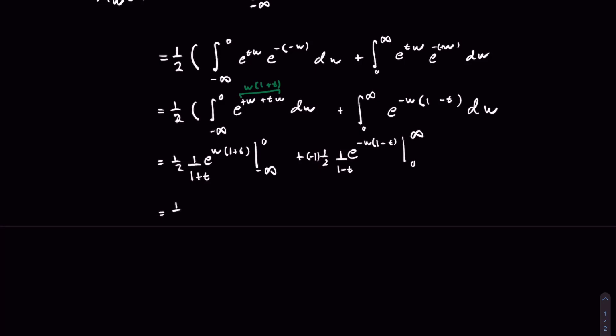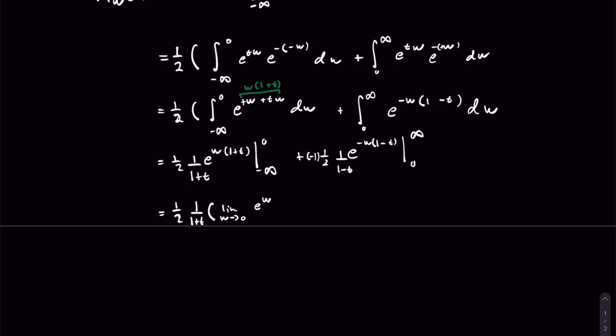So this is a half, and now let's write this out again, just to be absolutely clear what we're doing. So this limit here over w goes to 0 first, e to the w, we forgot this 1 plus t.